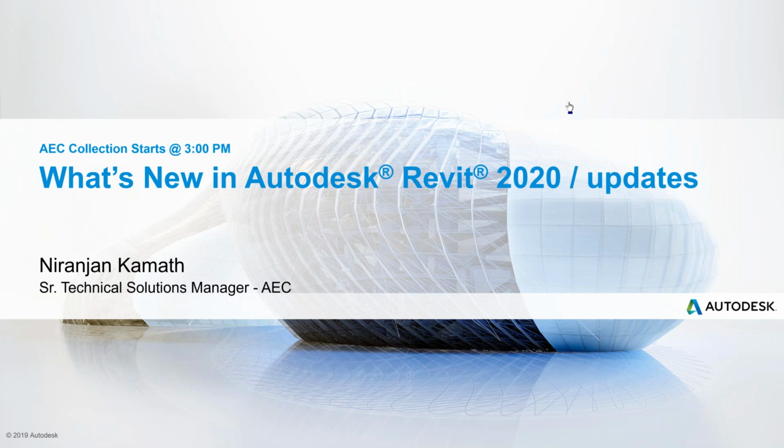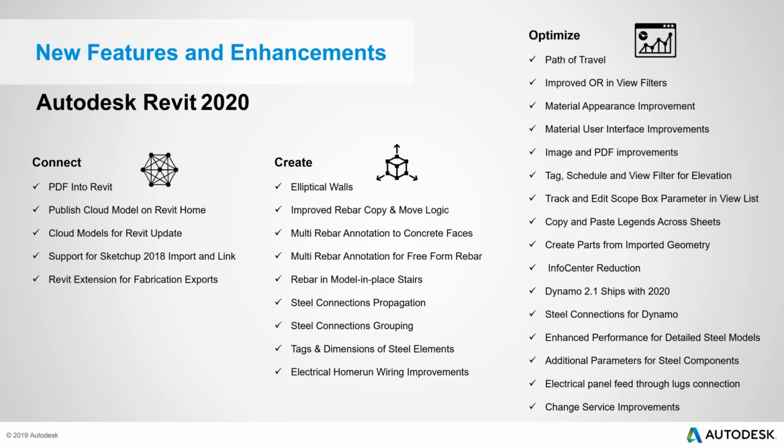So let's get started with this. Revit 2020 has had a load of improvements and enhancements included in it. If you see the list, there is a good improvement over the connectivity features within Revit. Create is something that helps us model or develop our design, the capabilities to design that.